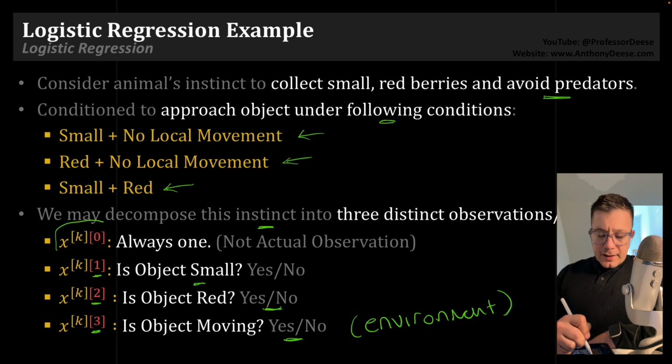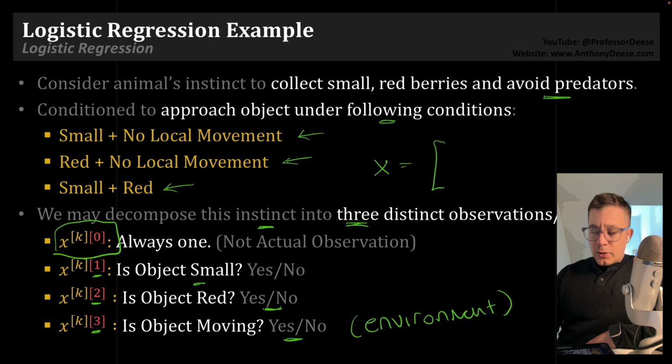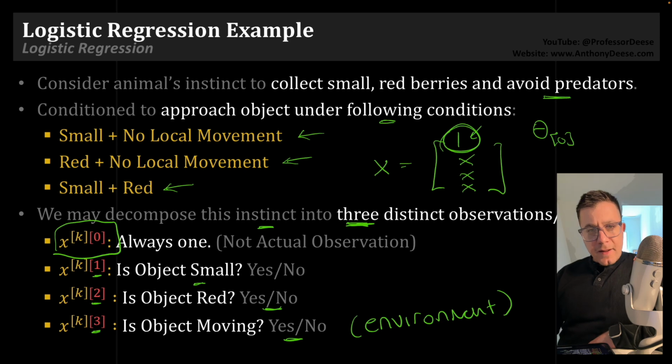Now I said there's three observations, but there will be four parameters. If you remember, we talked about this previously, how the x always has a value of 1 to begin with, because that serves as the coefficient for theta sub 0, and essentially is the offset for the regression. So the x array has 4 elements, although there's really only 3 distinct observations, again, facilitating an offset.